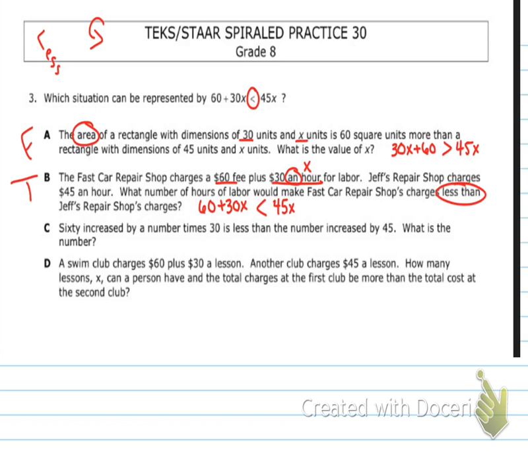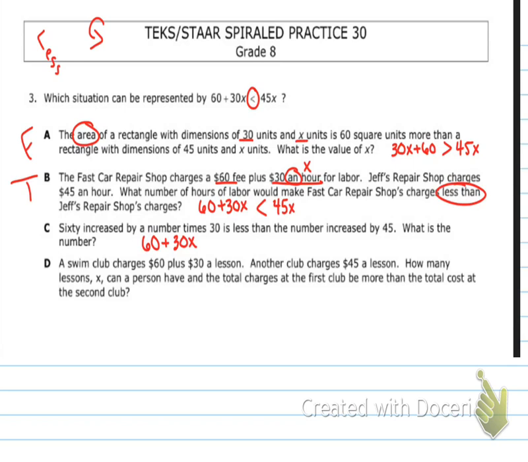If I'm reading it right, 60 increased by a number and then times 30. And then you're going to have to forgive me because I'm a little bit uncertain if it could also mean this version, though the wording isn't clear enough.